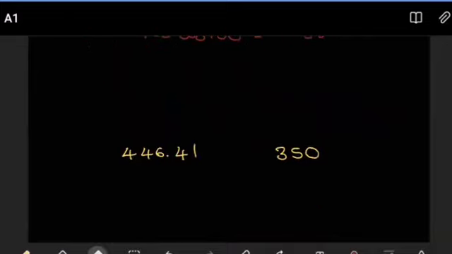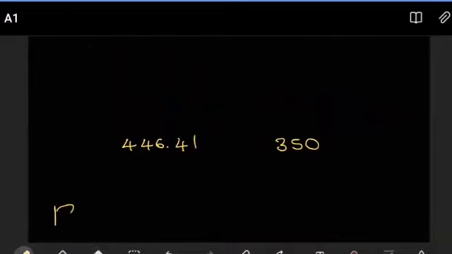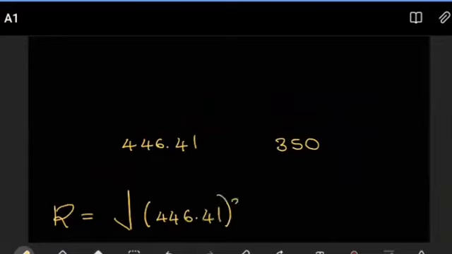To get the magnitude of the resultant, Pythagoras: the x component squared plus the y component squared, then square root.